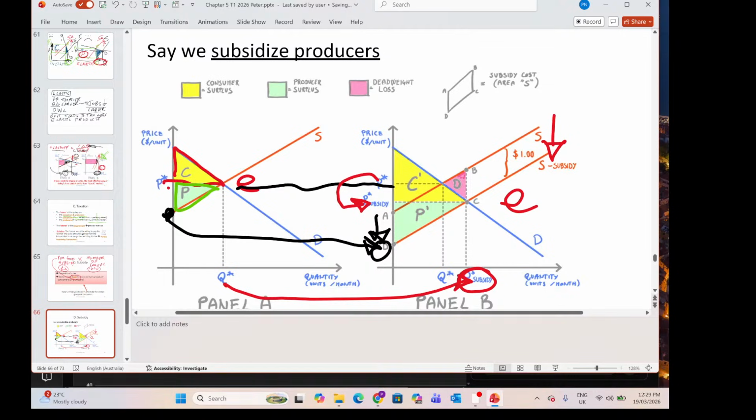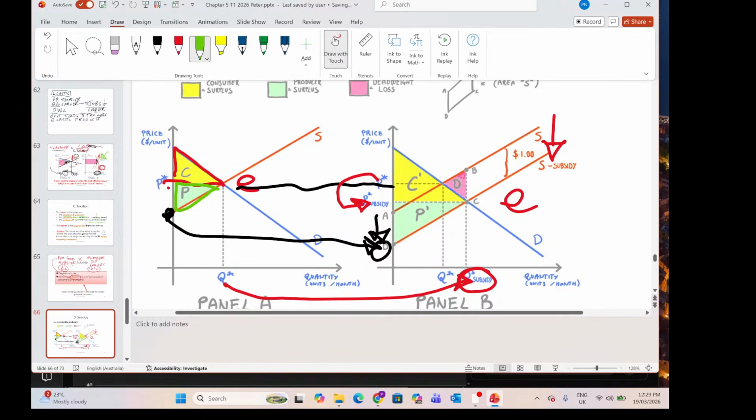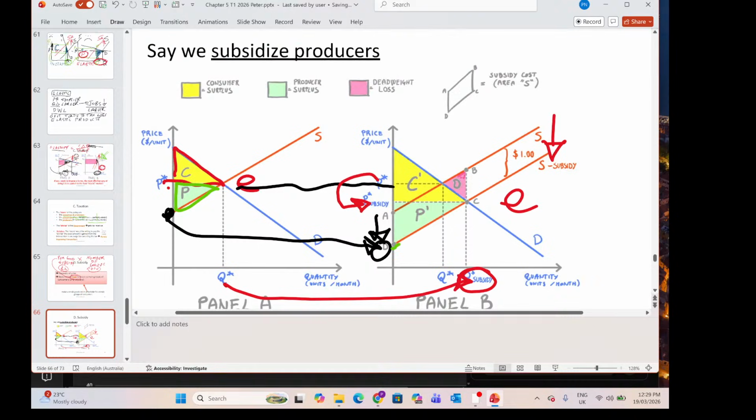We can then shade in the producer surplus. And if you look at the producer surplus compared to before the subsidy, the producer surplus is clearly larger.